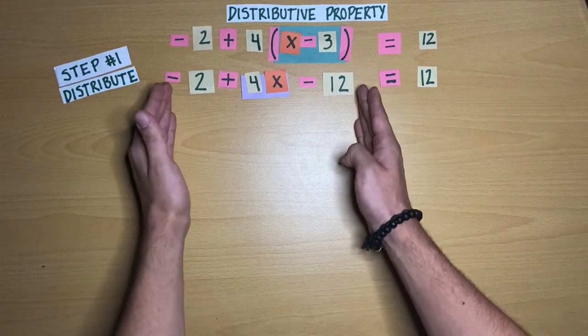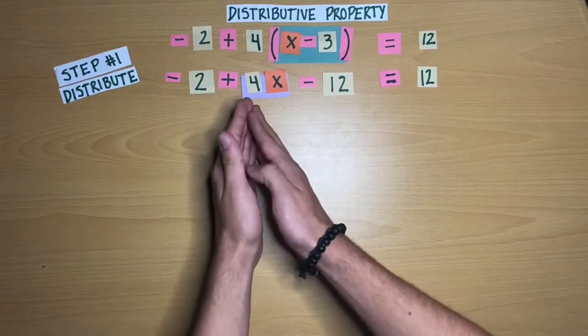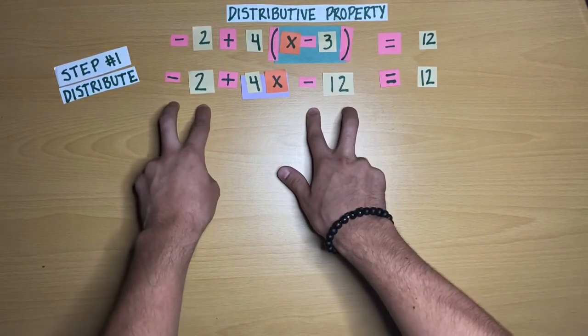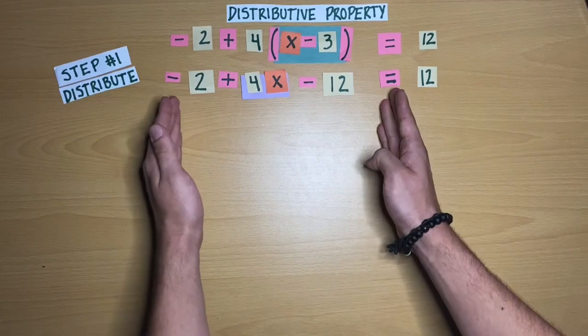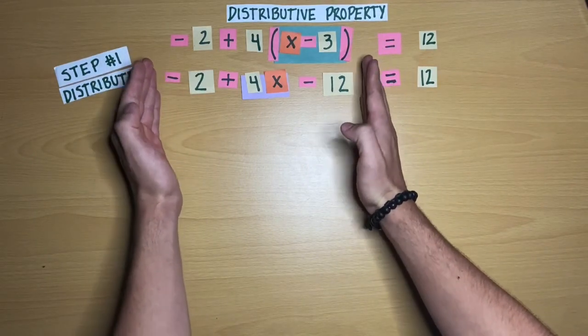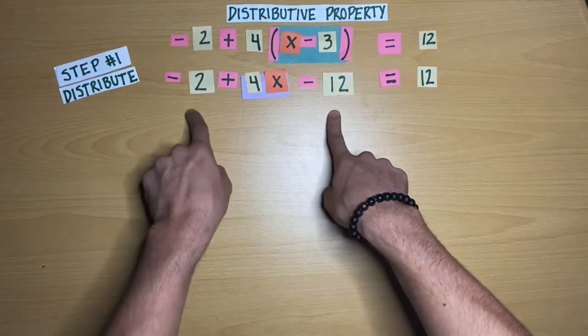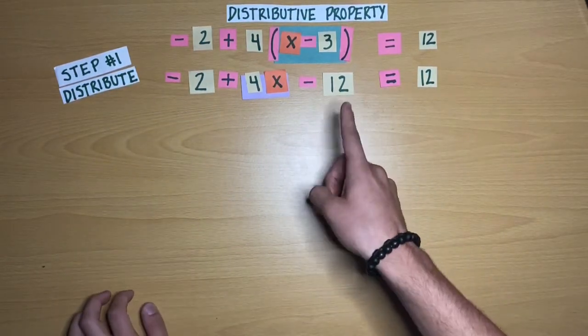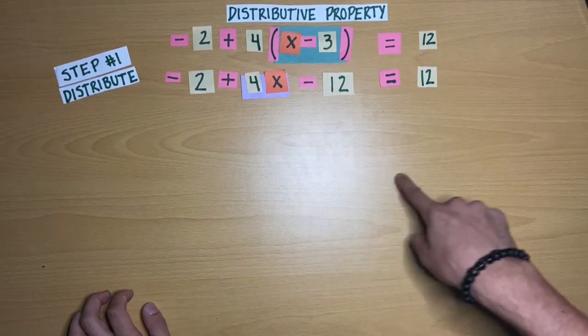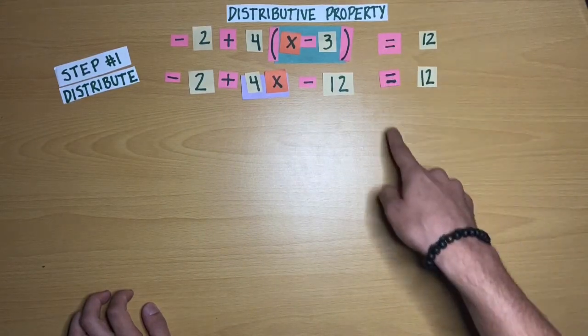Now, on this side, we can combine like terms. We can combine these two numbers because they're both numbers. And when you combine like terms on the same side of the equal sign, you can just simply combine as is. The only time you do an inverse operation is when you cross over this equal sign.